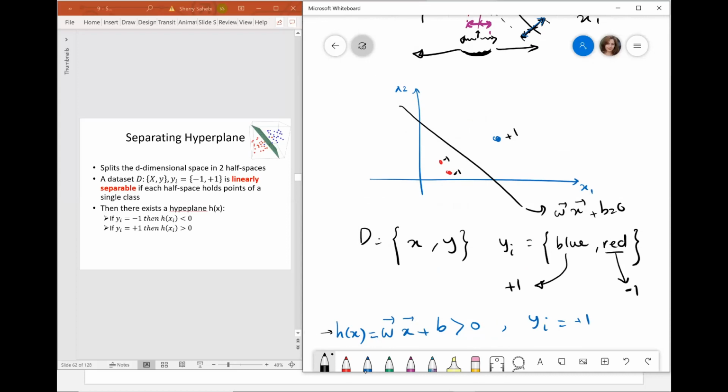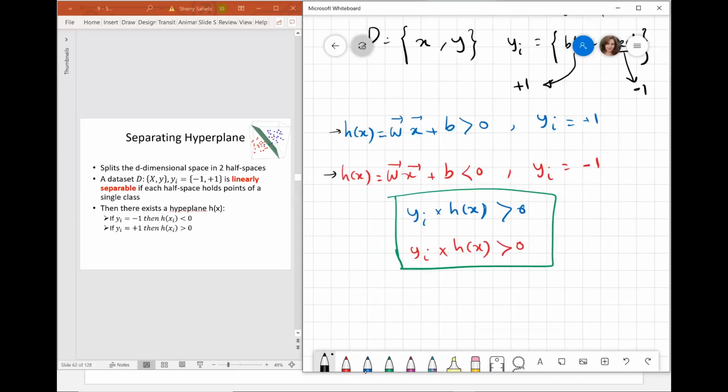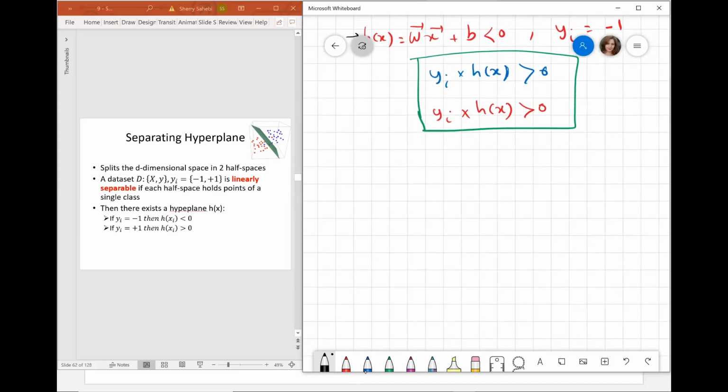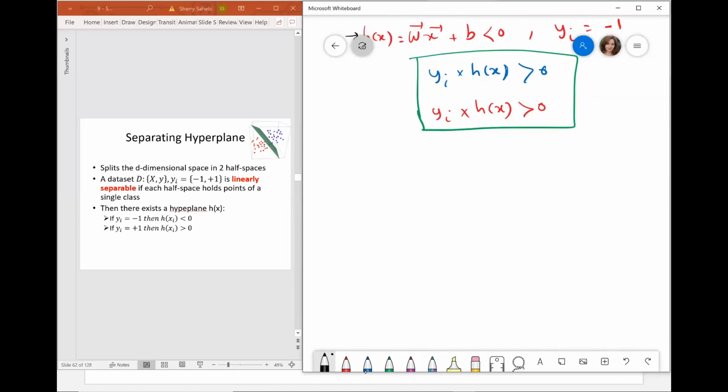So far in the examples that we've seen, our data has been linearly separable, meaning that we could find one straight line or one hyperplane to separate this data into two different spaces or two different classes, just using one line or one hyperplane.